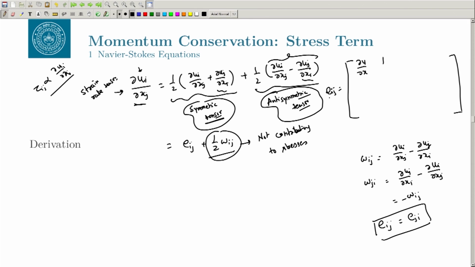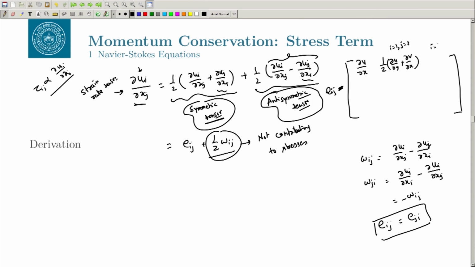The E ij can be written as basically del u by del x, and here it will be half del u by del y plus del v by del x, because it is i equal to 1, j equal to 2.